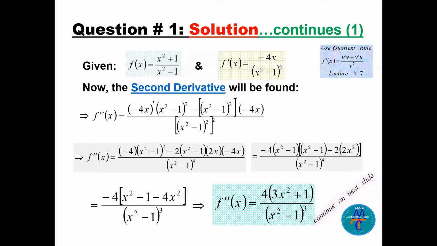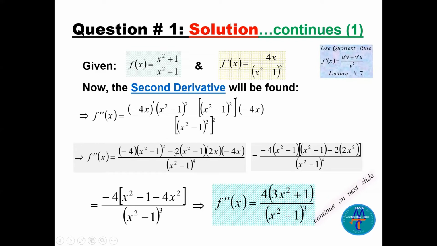Now let's find the second derivative. F double prime, we can use also the quotient rule: the derivative of minus 4x times x squared minus 1 squared, minus the derivative of x squared minus 1 squared, times minus 4x. The derivative of minus 4x is minus 4, and this one we leave.